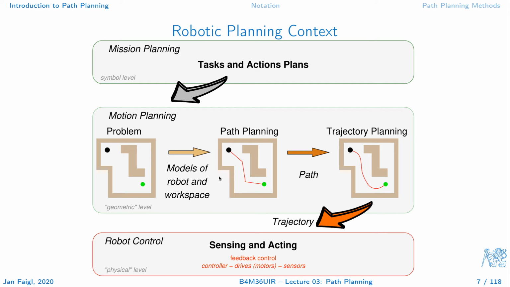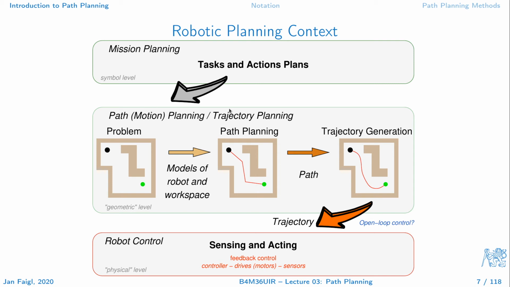We have a model of the robot and we have a model of the workspace, so we perform a simple path planning in a geometrical world. Then we would like to have a smooth path, a trajectory, so we create a trajectory from the path, and then we will execute this trajectory at the physical level. The robot control, which has sensing and acting, and in a fast feedback control we will follow the trajectory.